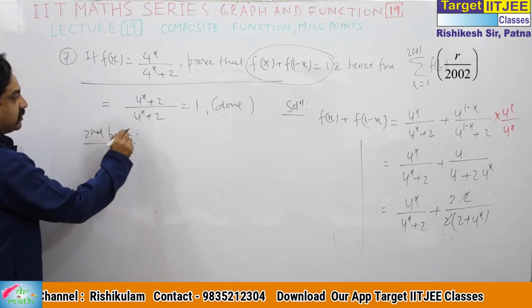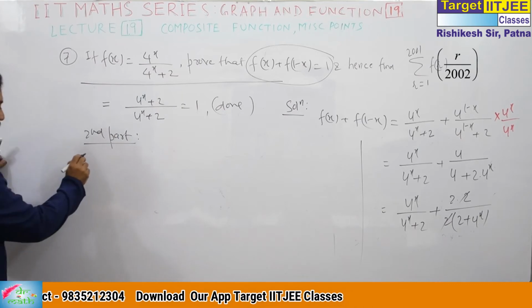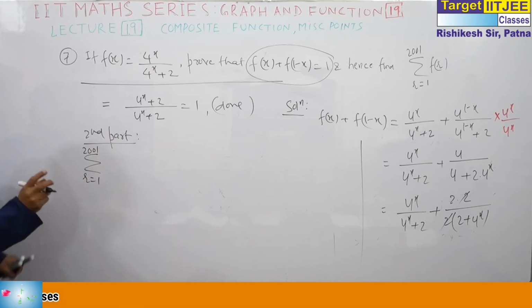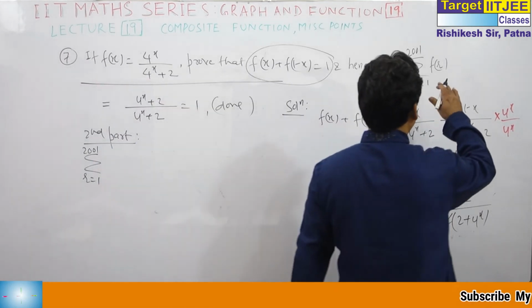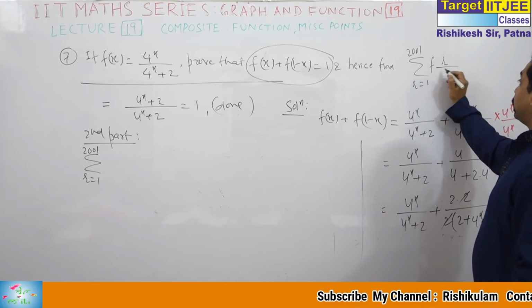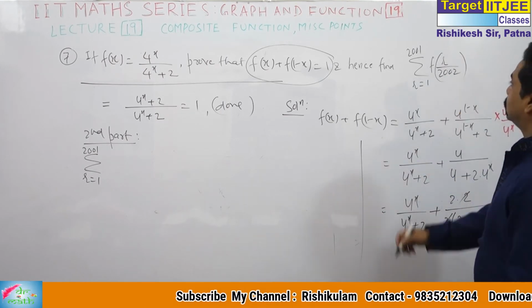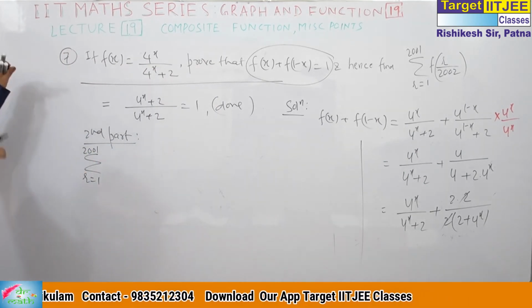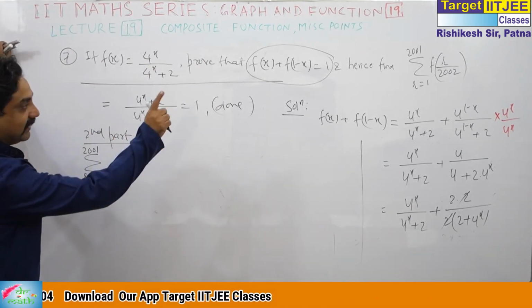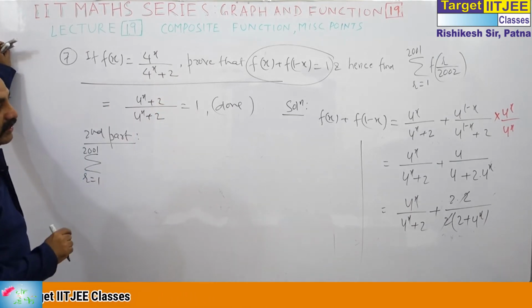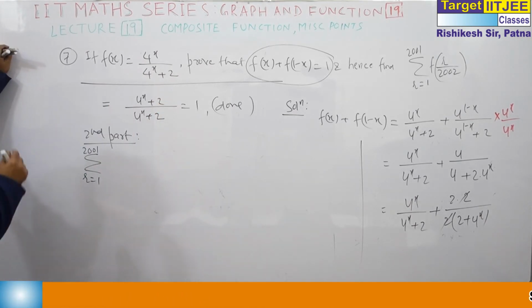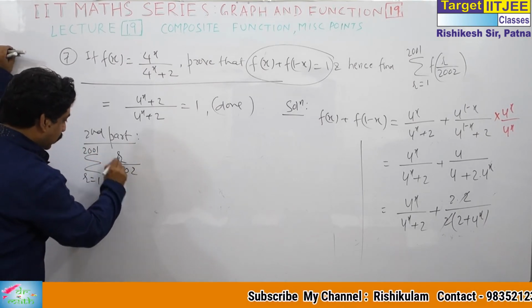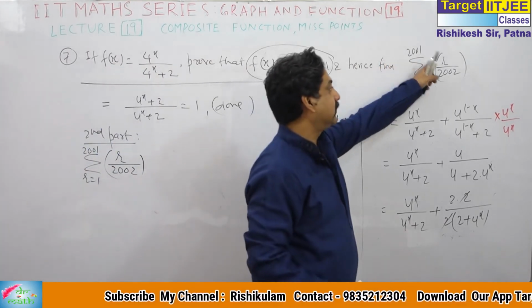Now come to the second part. This is quite interesting. Very common. Sigma r is equal to 1 to 2001, f of r by 2002. Now I am getting the correct answer. R by 2002 means a number greater than this.